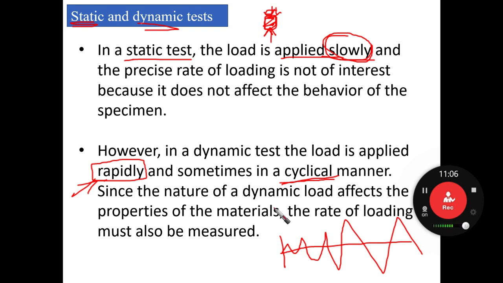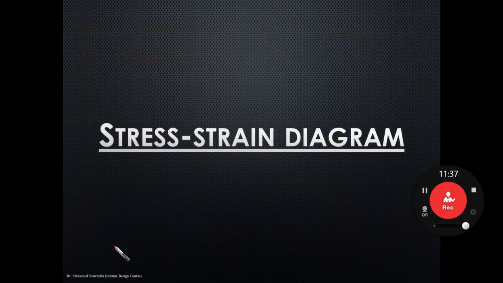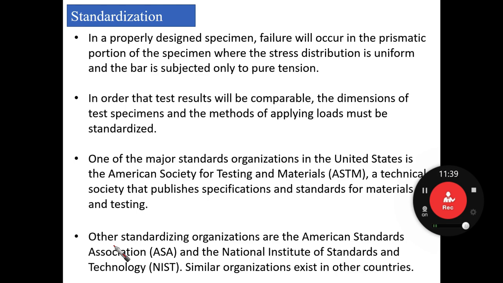Since the nature of a dynamic load affects the properties of the materials, the rate of loading must also be measured and recorded. So anyway, these are two different types of loading, static and dynamic, and this is how the material behavior can be checked.